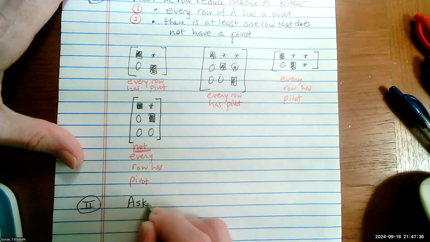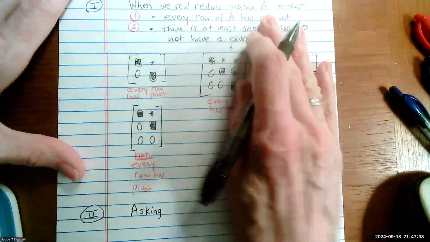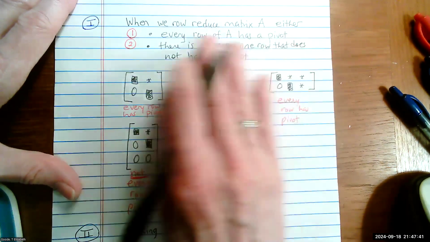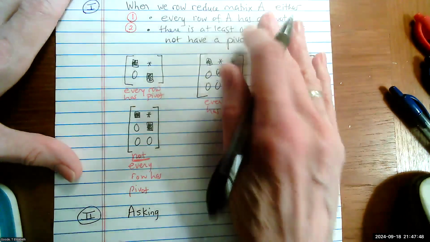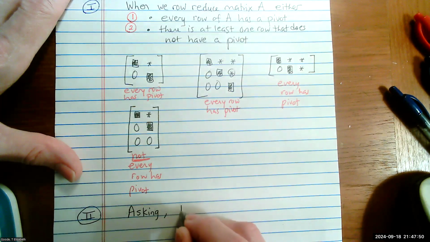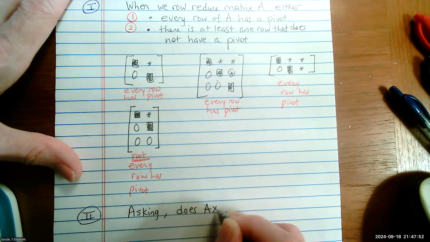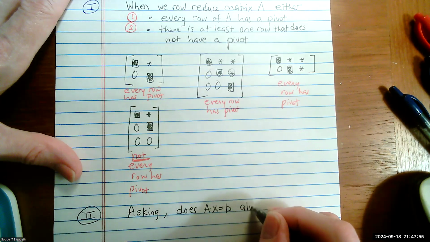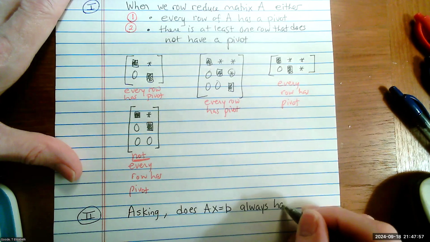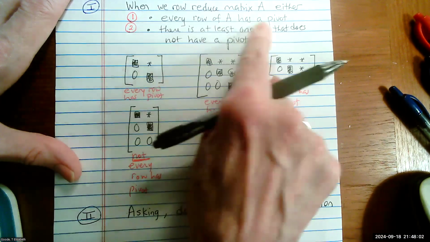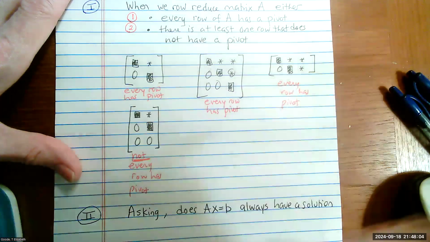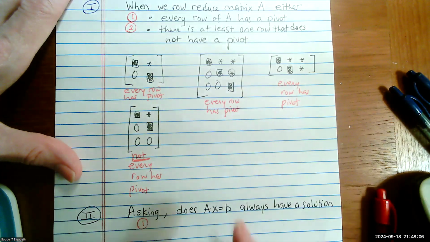Now, we're asking what happens when we row reduce A. Either every row has a pivot, or at least one row doesn't have a pivot. Now, instead of asking about row reducing A, we're asking, does AX equal B always have a solution? Well, if every row of A has a pivot, then the answer is yes.